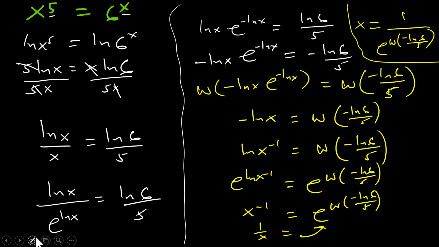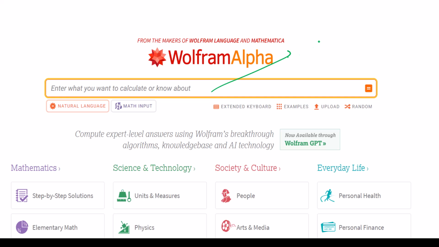So we have 1 over e raised to the W function over 5. So when you plug in this, the exact value of this will come.